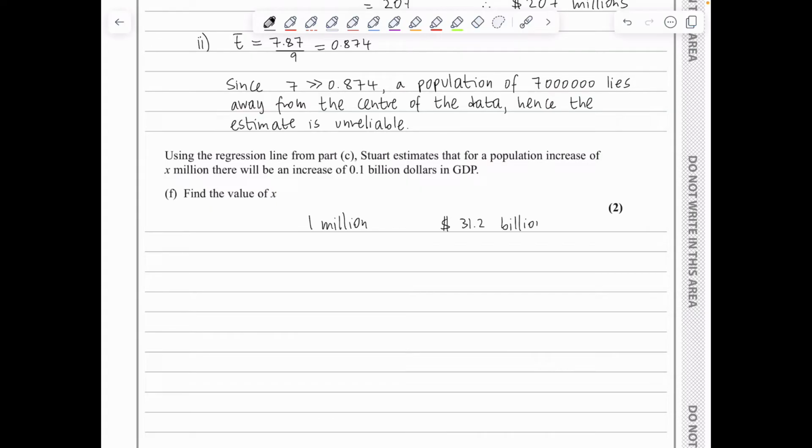So we've got X extra millions, so we are having 0.1 billion dollars extra, and we need to find X. So X is simply 1 times 0.1 divided by 31.2. This gives an answer of 0.00321. And the examiner is accepting anything which rounds to 0.0032.